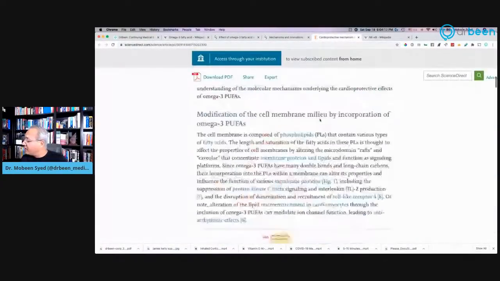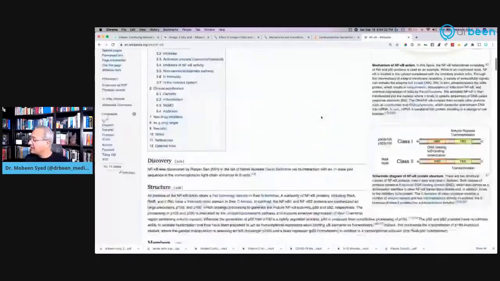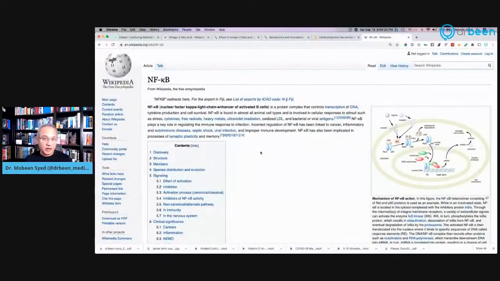This is a very, very important topic. I would like everyone to read this. This is the cardioprotective mechanism of omega-3 polyunsaturated fatty acids. And then here is nuclear factor kappa B, which is important, and this plays a role with fatty acids as well, omega-3 fatty acids. So having said that, let's start our discussion.